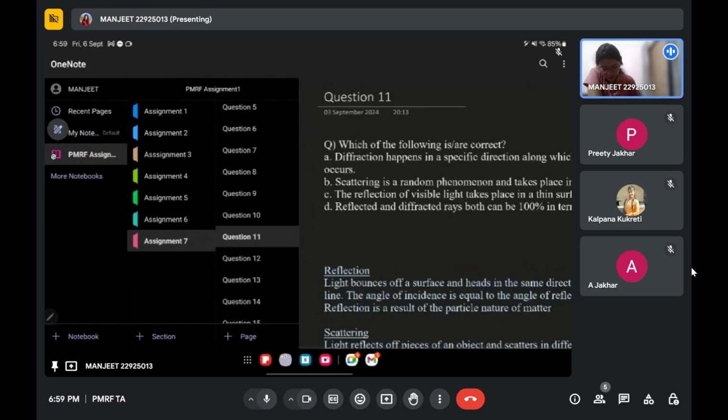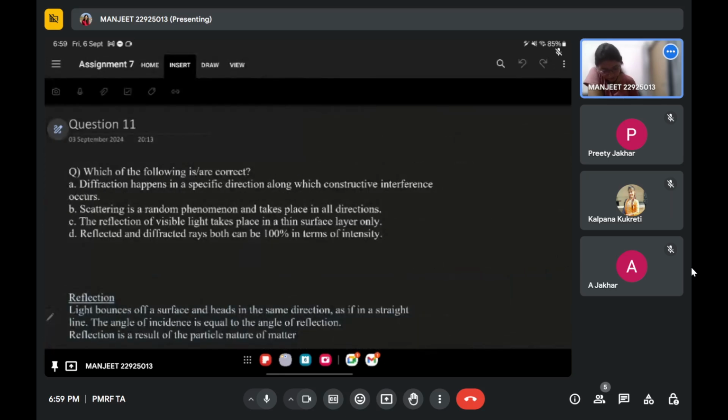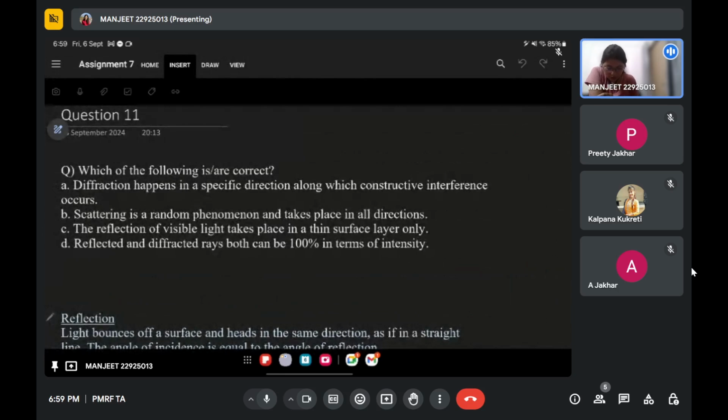Let's move to question number 11. Which of the following is and are correct? A: Diffraction happens in a specific direction along which constructive interference occurs. B: Scattering is a random phenomenon and takes place in all directions. C: The reflection of visible light takes place in a thin surface layer only.